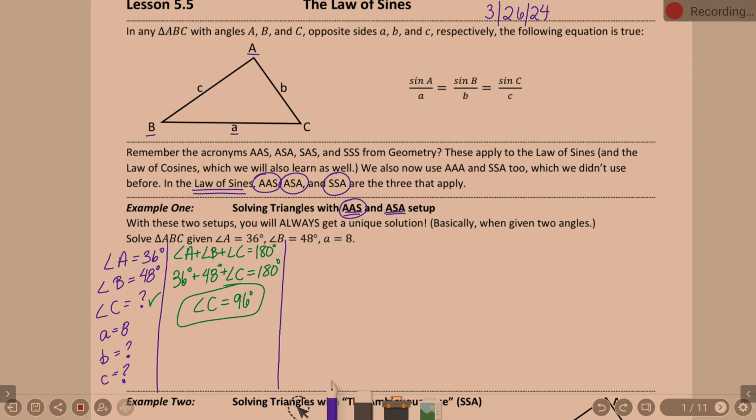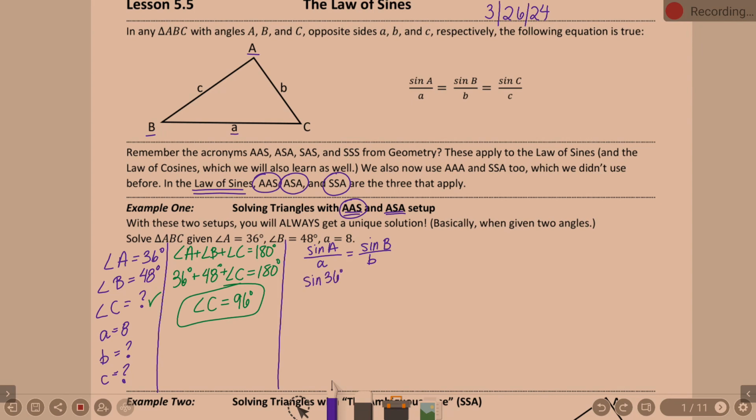So I'm going to set up the idea of sine of angle A over side A is equal to sine of angle B over side B. Fill in what you can. So sine of, what are we saying?